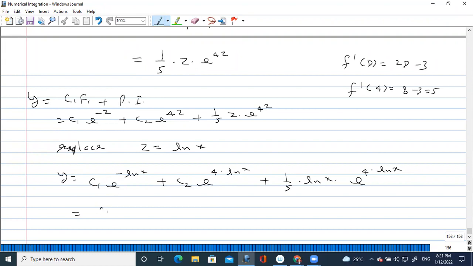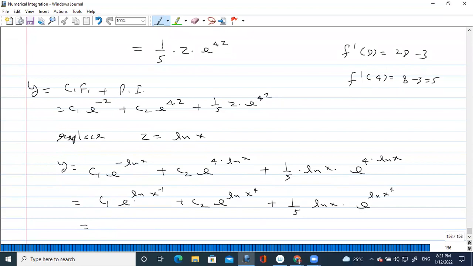Now how to solve this? C1 e to the power, this minus will go to the power of that x, so it will be x to the power minus 1, plus C2 e to the power ln x to the power 4, plus 1 by 5 ln x into e to the power ln x to the power 4.